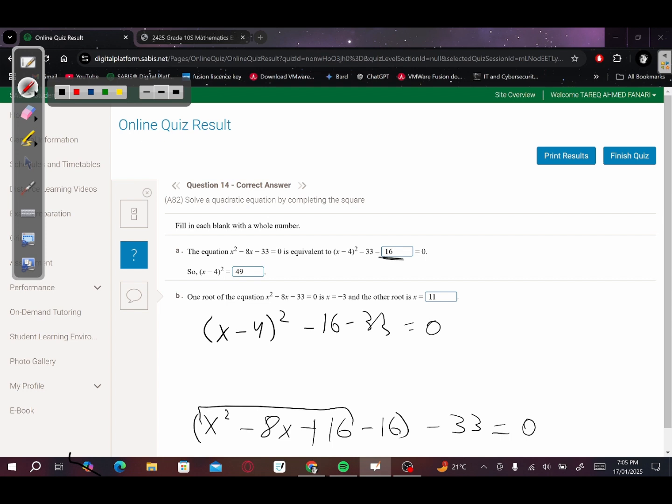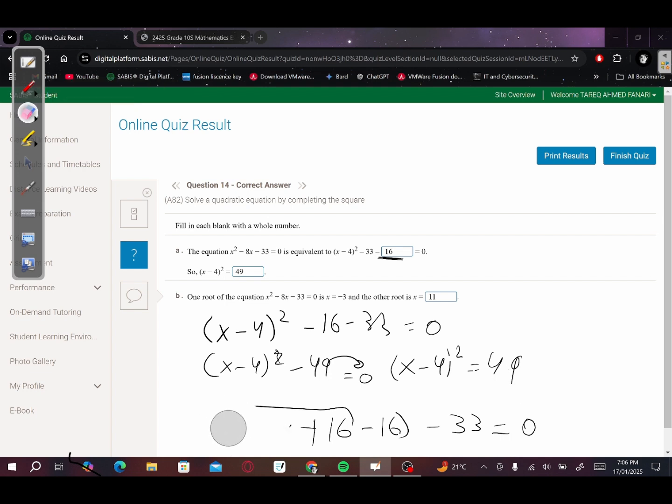So we filled our first blank here, and then negative 16 minus 33 is equal to x minus 4 squared minus 49 is equal to 0. Take 49 to the other side. X minus 4 squared equals 49. Okay. And this is our second blank. This is part A solved.